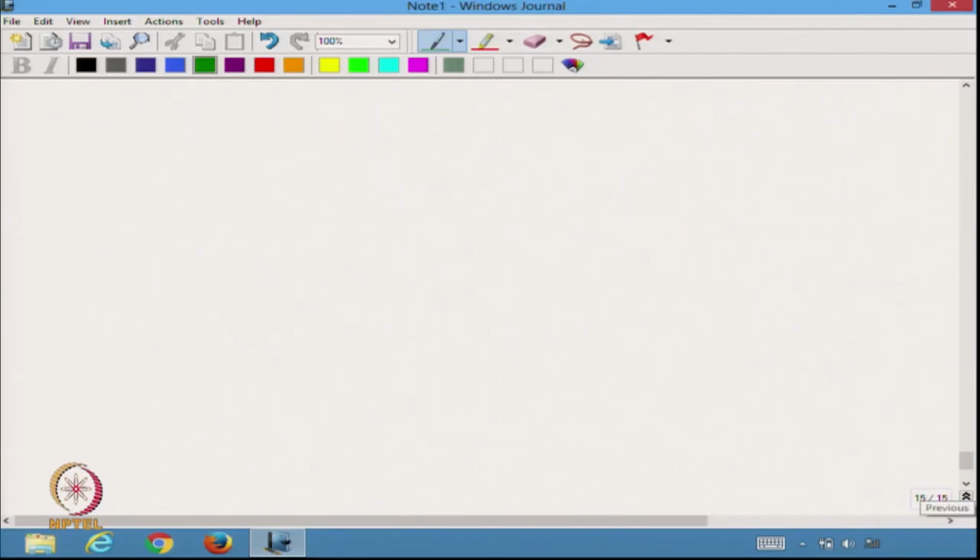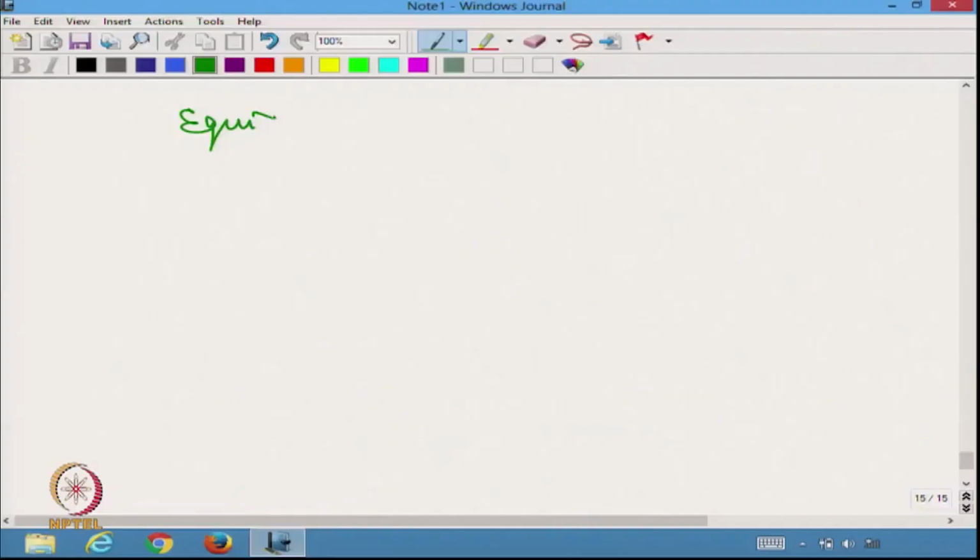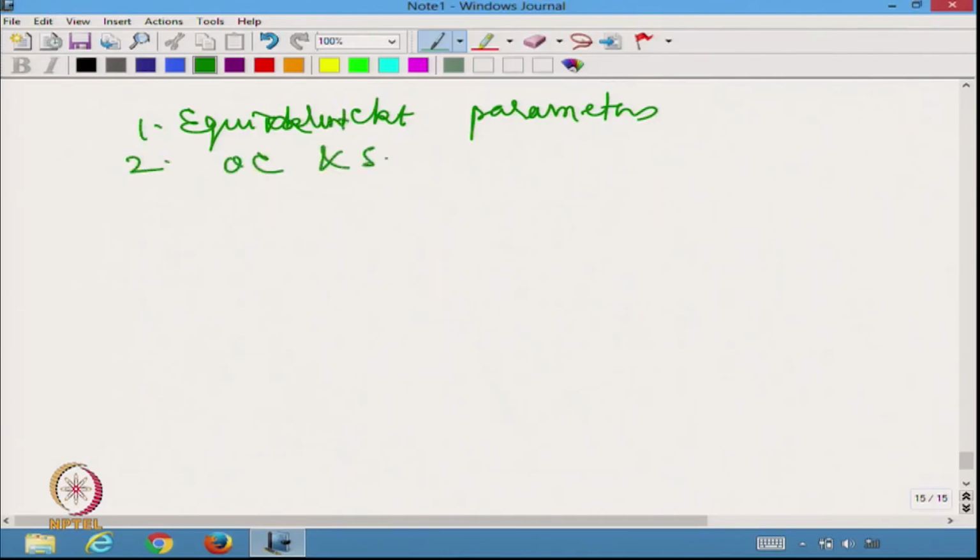So, this completes our discussion on what we had seen so far: equivalent circuit parameters, the OC and SC tests, regulation, and efficiency.